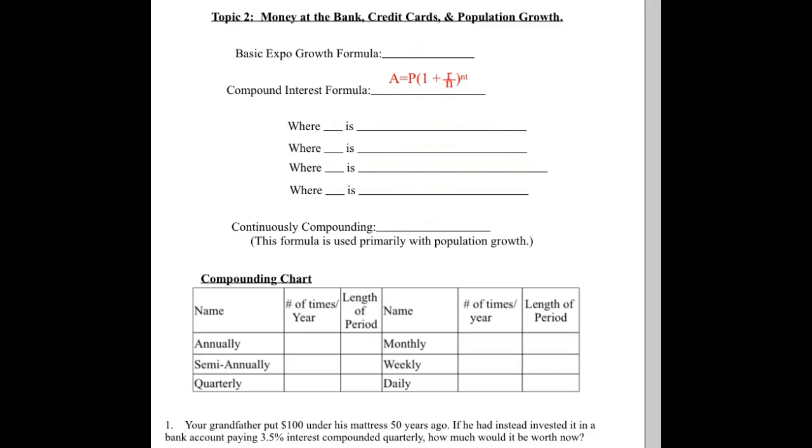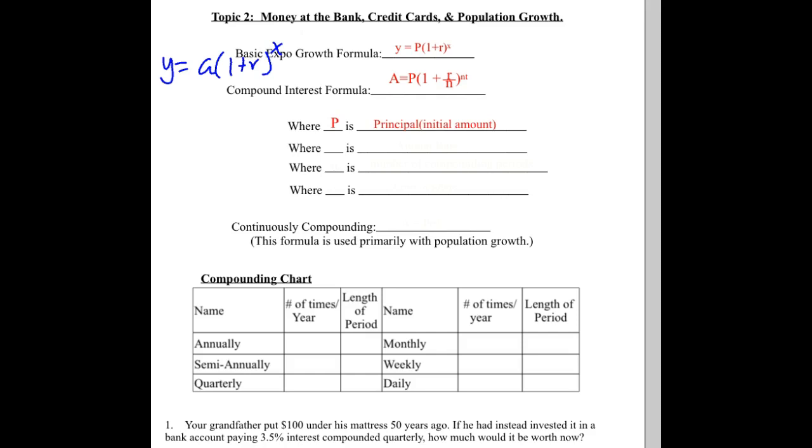Okay, so if you're using the real generic one, Y equals A times 1 plus R to the X. Okay, if we're talking in terms of money, what did we do? We used a P instead of the A. All right, so we had a P in place of our A for that. What did the P stand for? Principal. Yep. So we have P being the principal or the starting amount.